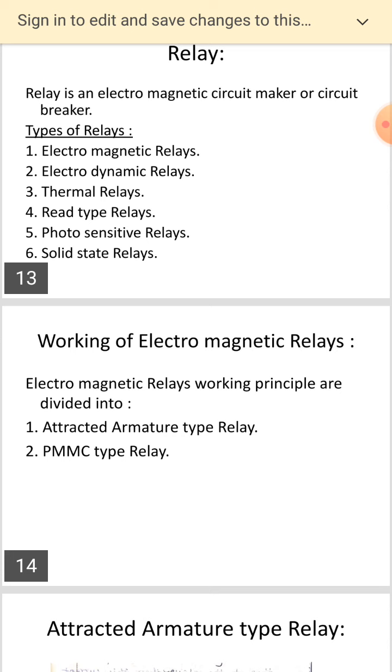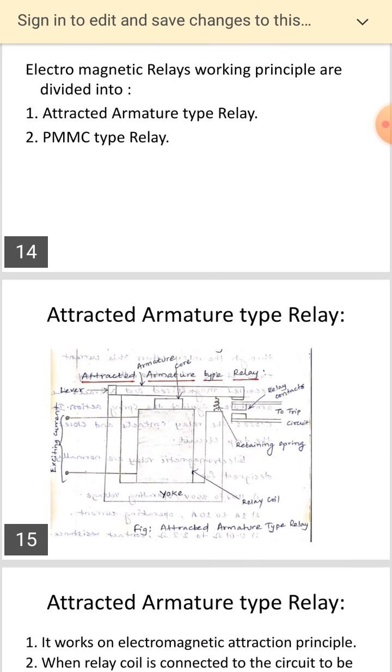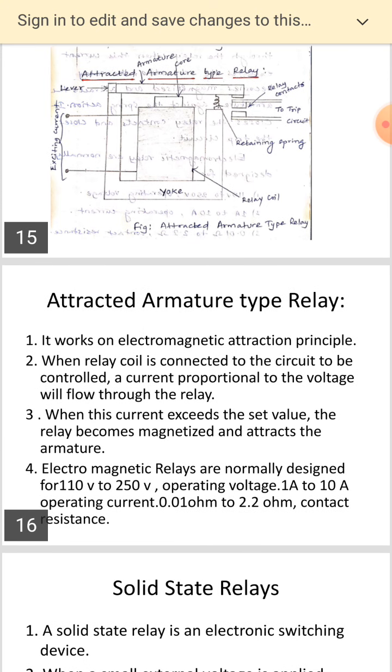Working of electromagnetic relays. Electromagnetic relays, based on working principle, are divided into attracted armature type relay and PMMC type relay. Attracted armature type relay.